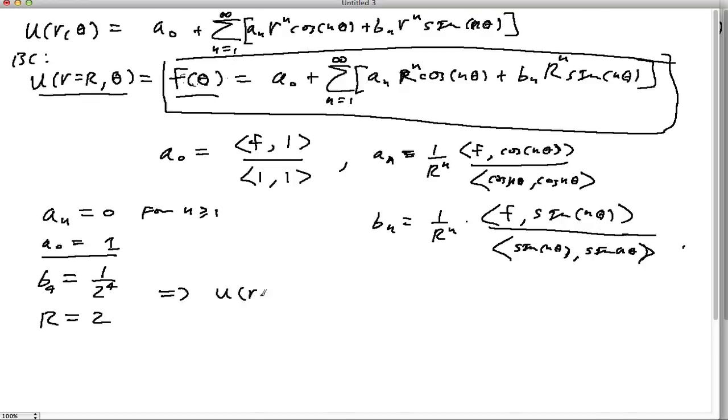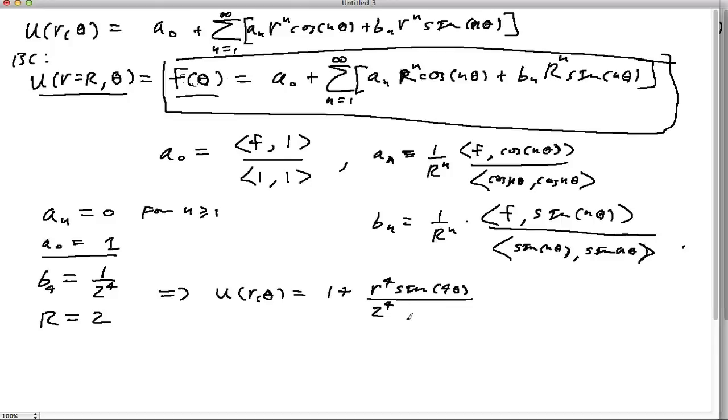u(r, theta) is going to be equal to 1 plus, r squared, sorry, no, apologies, r to the 4th power sine 4 theta all over 2 to the 4.